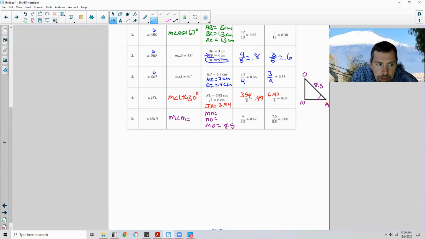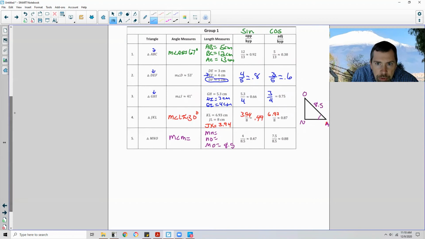So remember, adjacent over hypotenuse. So if this is adjacent, that's NM. This is 7.5. Opposite of M is my ON, which is 4. All right.